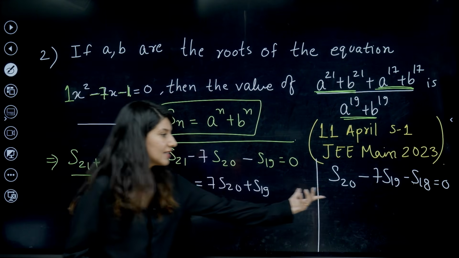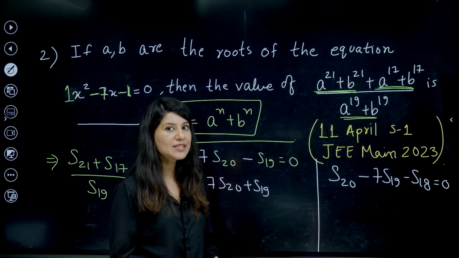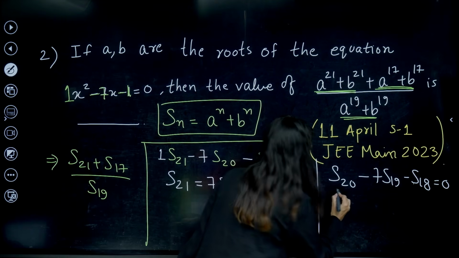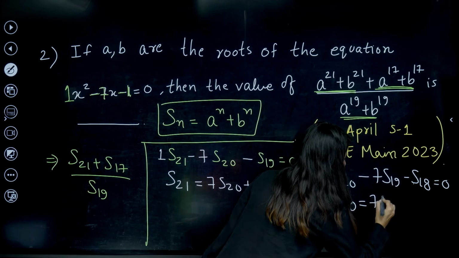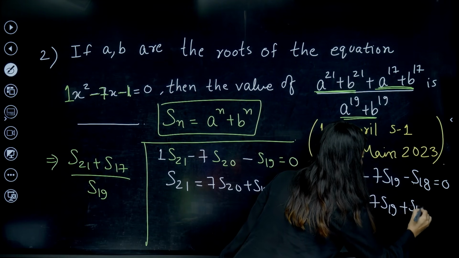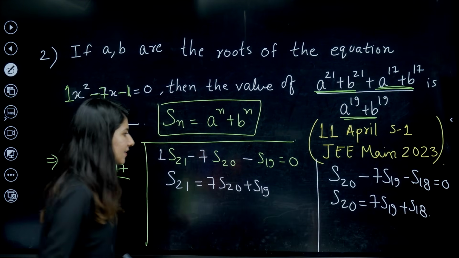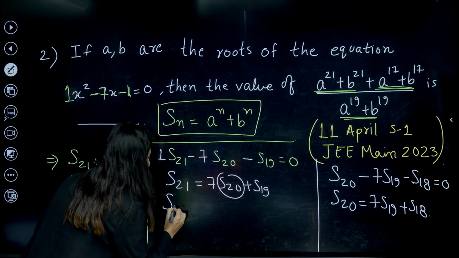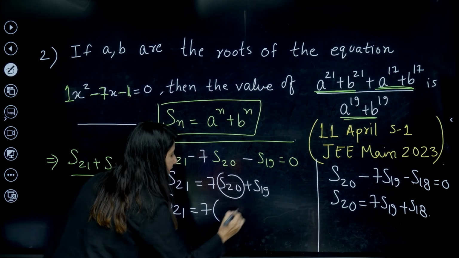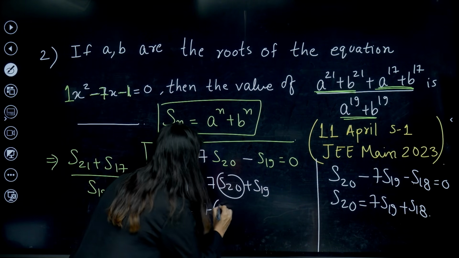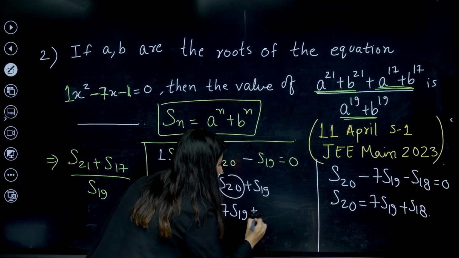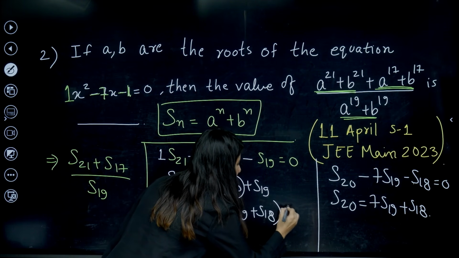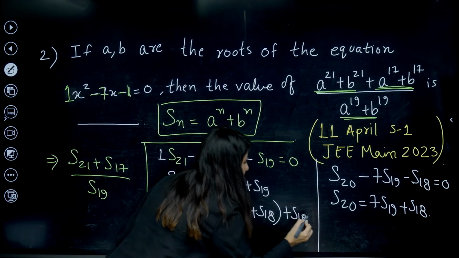This can also be written with the help of Newton's formula, right? So now S20 will be what? Tell me. 7S19 plus S18. Similar to this. Now we can plug in the value of S20 over here. So S21 will be equal to 7 times S20, so if I plug in 7S19 plus S18, and we are having plus S19.